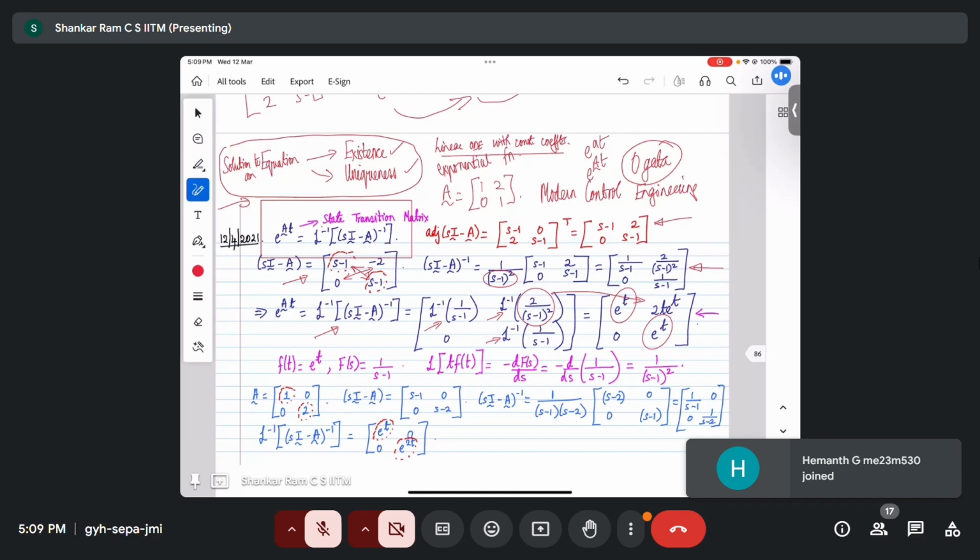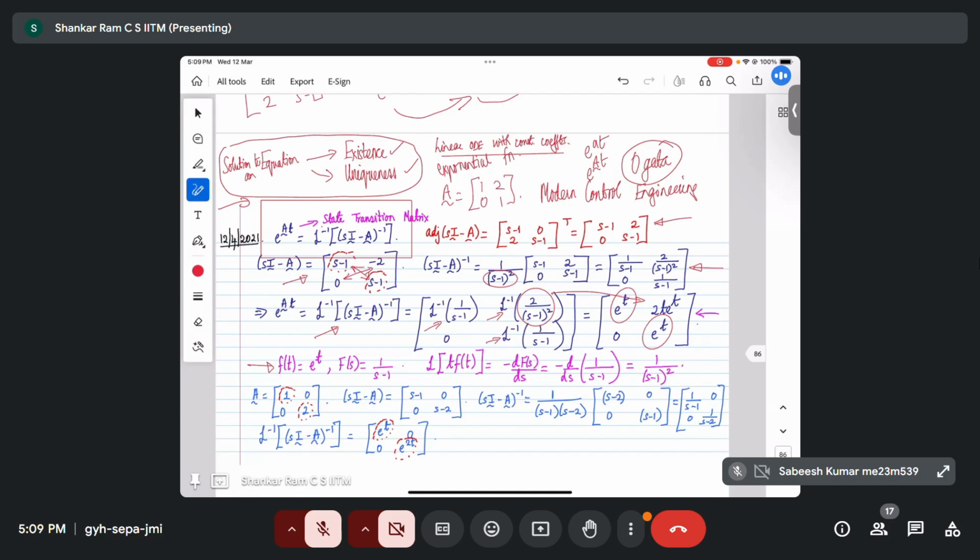How do we get that? We use the properties of Laplace transform, which we may have studied in vehicle dynamics. Let's take f of t to be e power t, with the corresponding Laplace transform 1 by s minus 1. A property of the Laplace transform is that the Laplace of t times f is minus df ds.